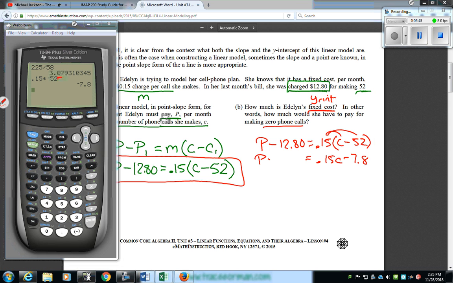And then I got my P minus my 1280, and I'm going to add 1280 to both sides. So P is going to equal 0.15C plus 5. So the charge, the fixed cost for making 0 phone calls would be $5.